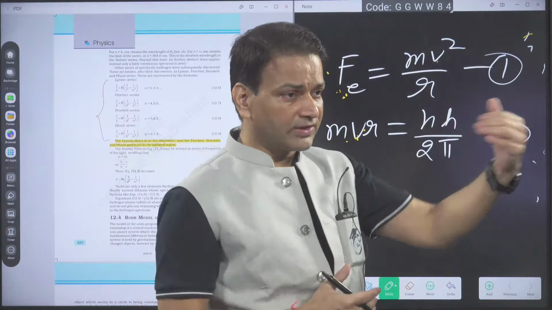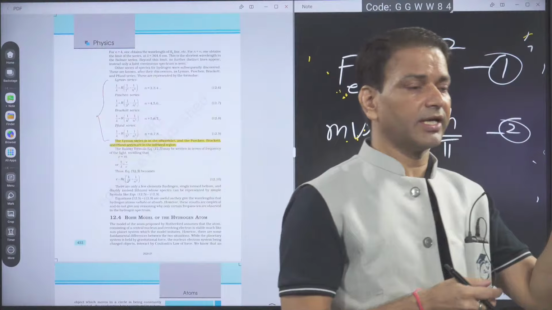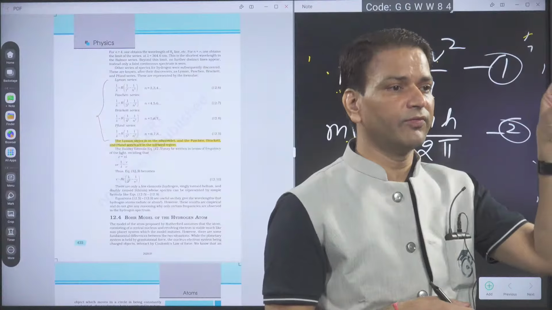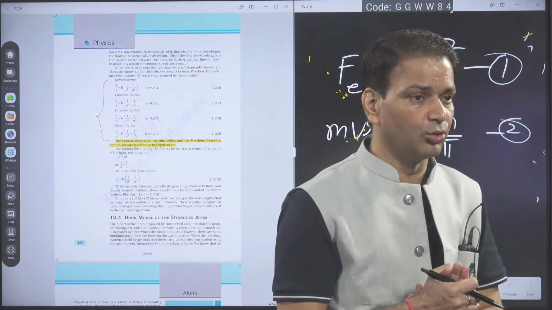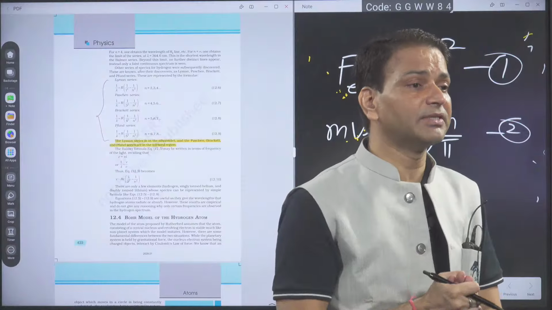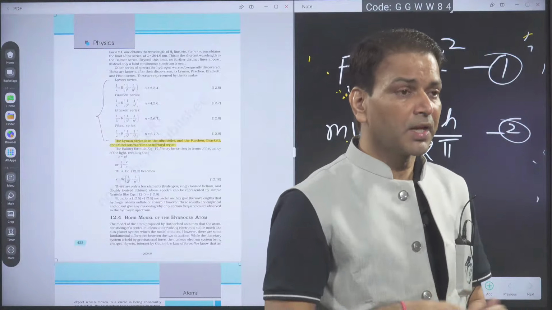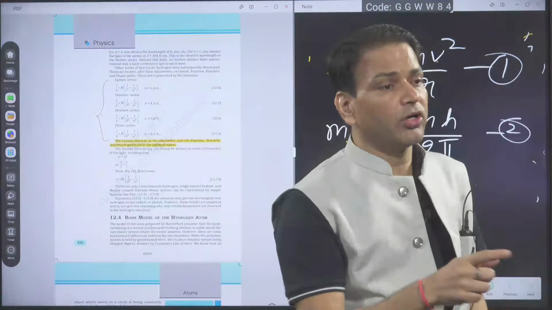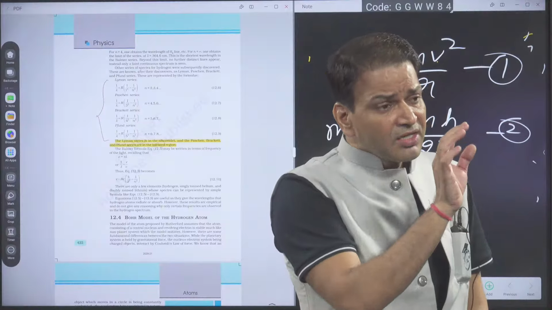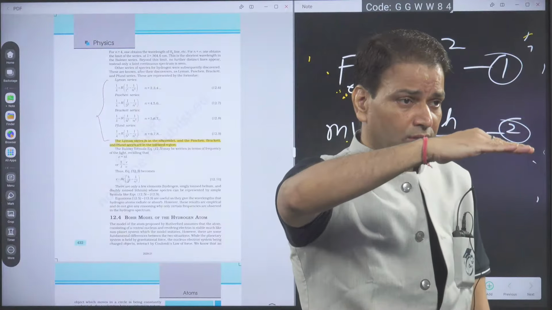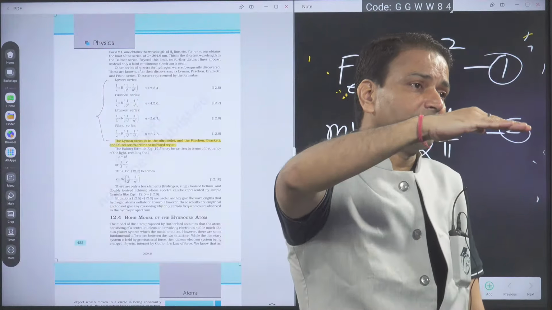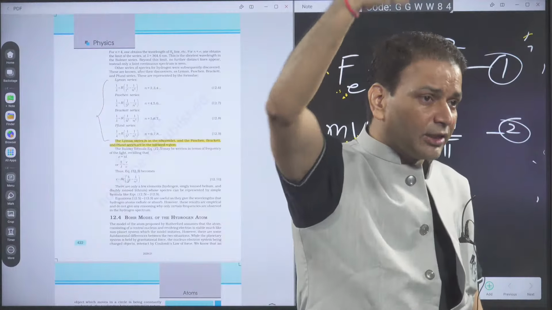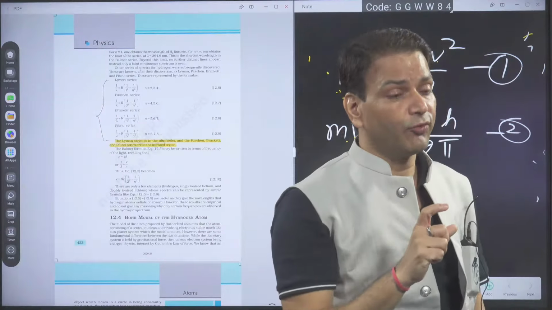Why? Because the energy difference between the first orbit and second orbit is 10.2. So the minimum energy photon in the Lyman series is 10.2. What is the maximum energy photon in the Balmer series? Balmer means the lower shell is 2. Maximum energy is infinity to 2, and the difference is 3.4.